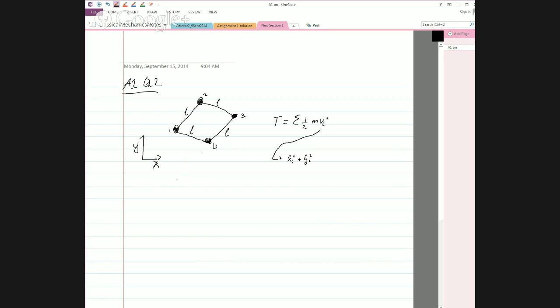So if we think of the number of degrees of freedom, it's a 2-dimensional problem, and there are 4 particles. So the total number of degrees of freedom without the constraints, 2n, is equal to 8. It's 2 instead of 3 because it's a 2-dimensional problem instead of 3-dimensional. So in principle, there are 8 degrees of freedom.